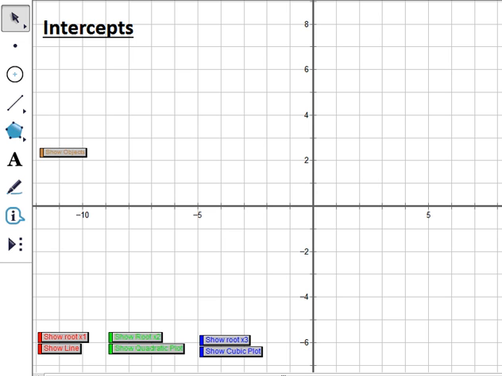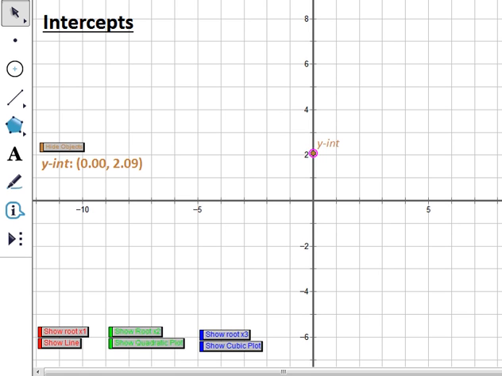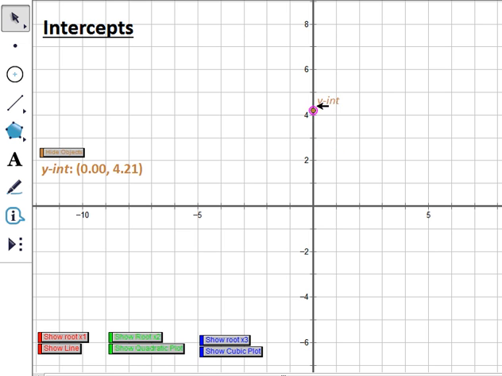So, if you look at a point on the y-axis, no matter where I slide it, you'll notice it will always have an x value of 0, no matter where I put it. Similarly, for a point on the x-axis, no matter where I put it, it will have a y value of 0.